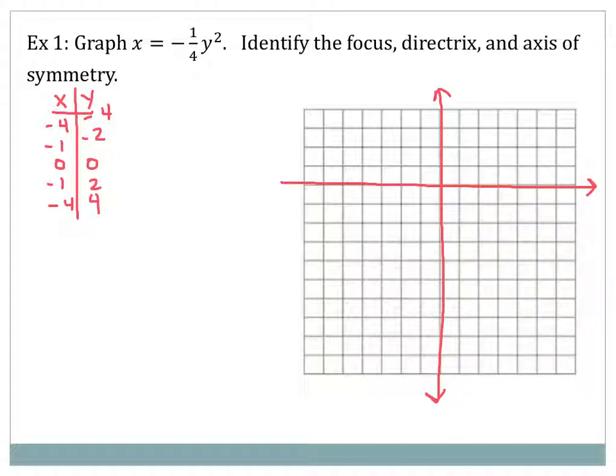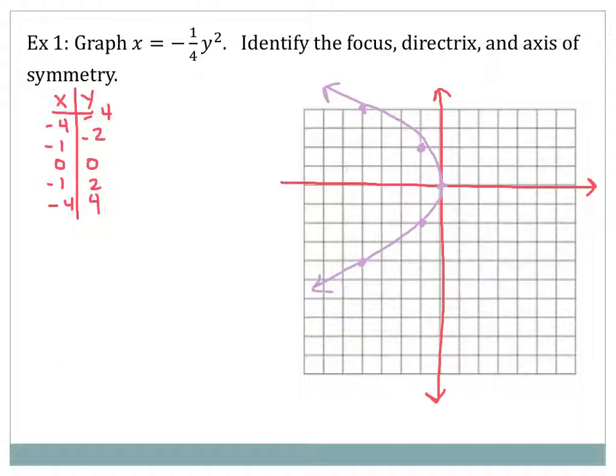And let's graph these. So I've got 0, 0, -1, -2, -1, +2, and then the 4s give just barely enough room right there. And then I can connect this.